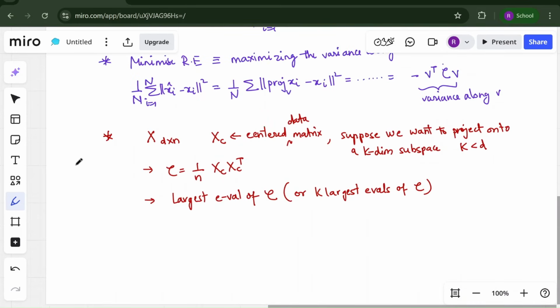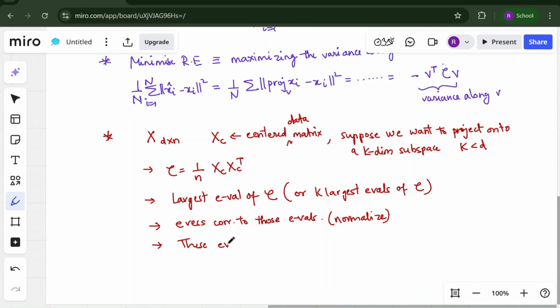So then we compute the largest eigenvalue or the k largest eigenvalues of C. After this, you have to compute the eigenvectors corresponding to those eigenvalues, and these are my principal components. In fact, you have to normalize them, and then whatever you get, they are our principal components.